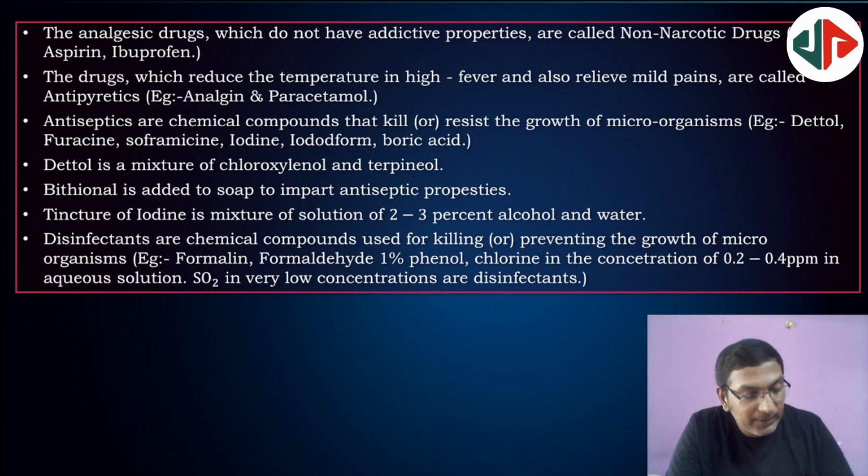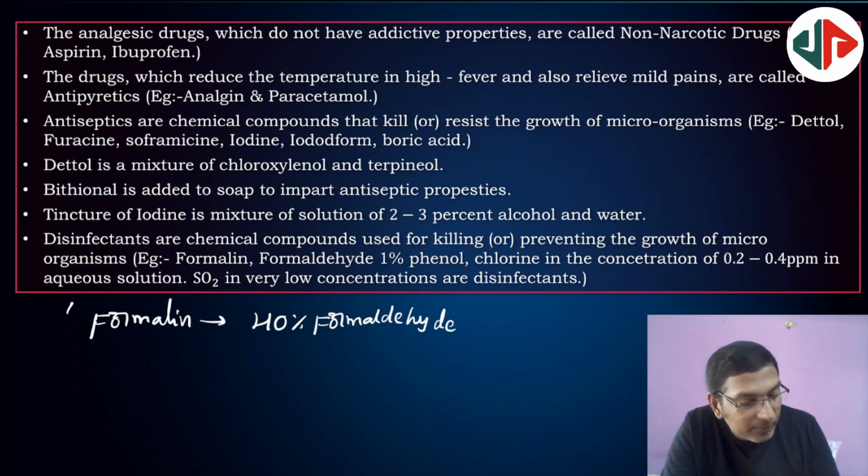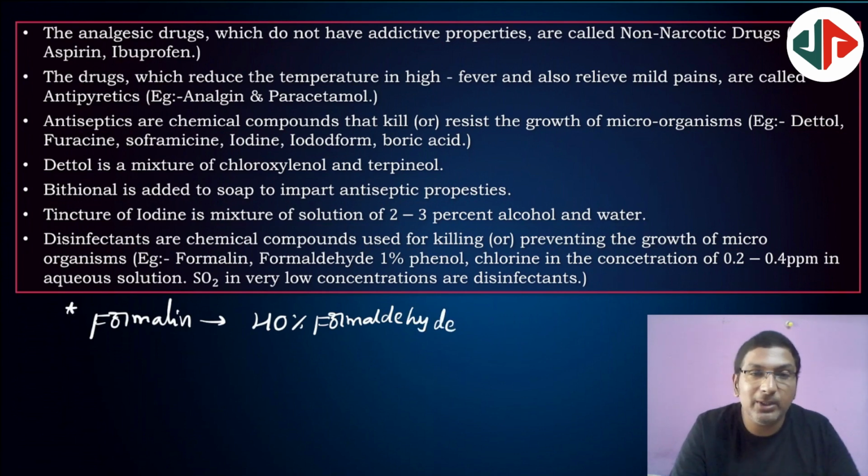Next, disinfectants are chemicals used to kill or prevent the growth of microorganisms. So formalin is a 40% formaldehyde solution. Very, very important: formalin can be used to store biological specimens.